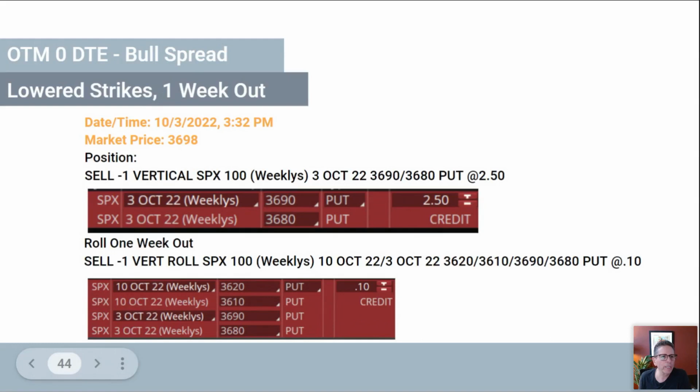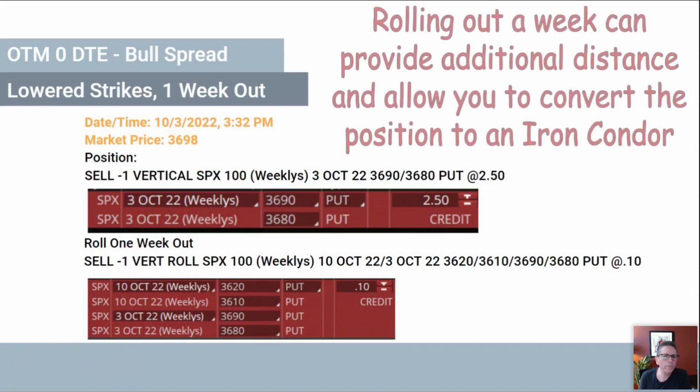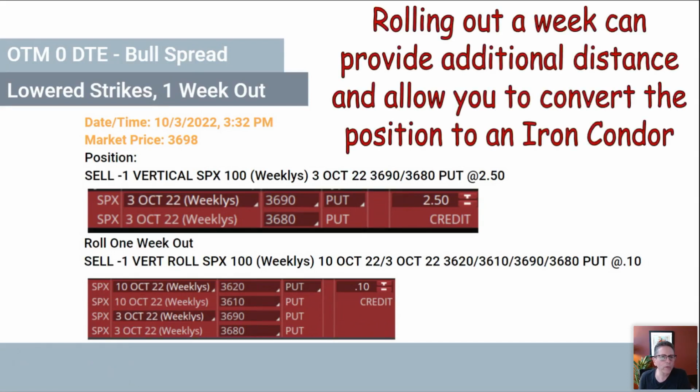Yeah, it's out of the money, and so you're able to push it out quite a bit in order to get that position out there. So it's 36.90 down to 36.20. That's 70 points down, and for a 10-cent credit. So it's pretty good there to do that. So again, that's out of the money.